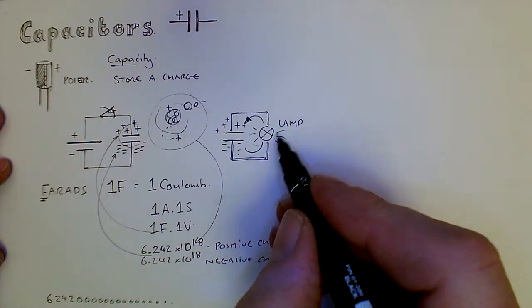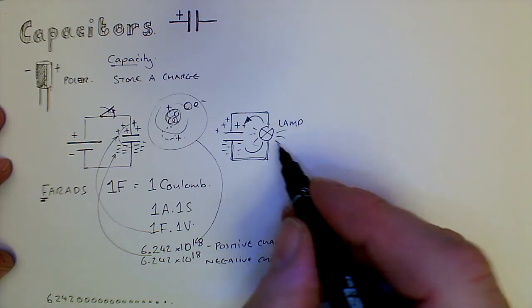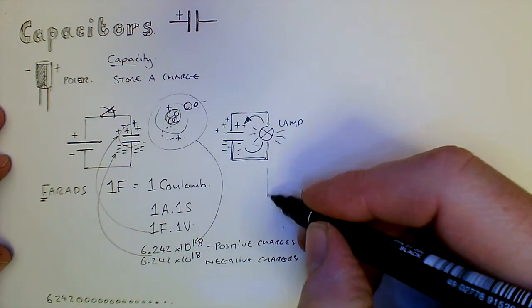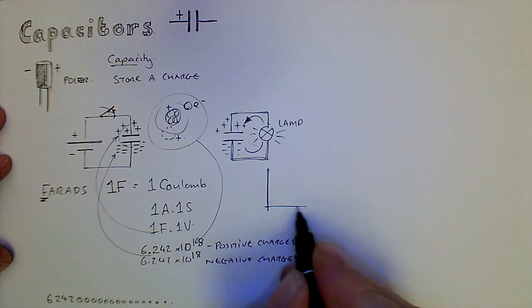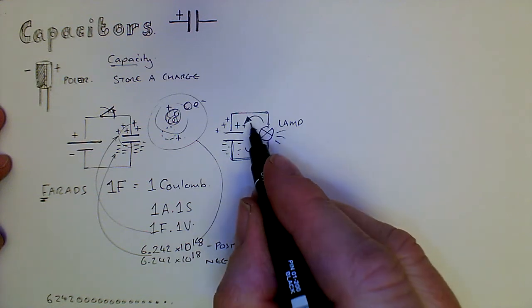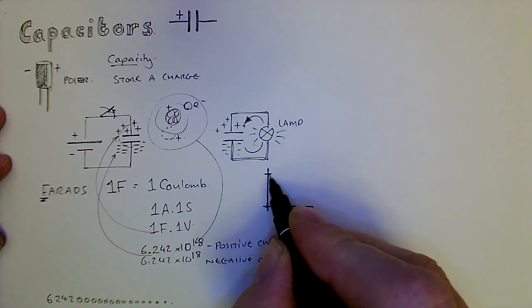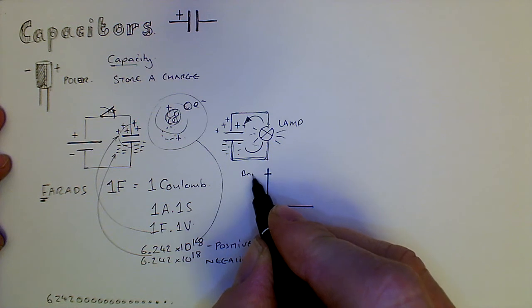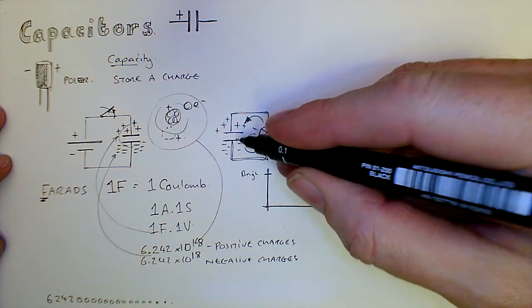Something to notice, and you'll notice it when you actually carry out this activity, you would see the following. As you switch the circuit closed, the lamp initially would come on, very, very bright, and it would die off as the electrons pass through.